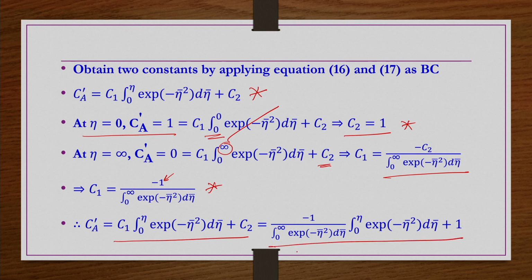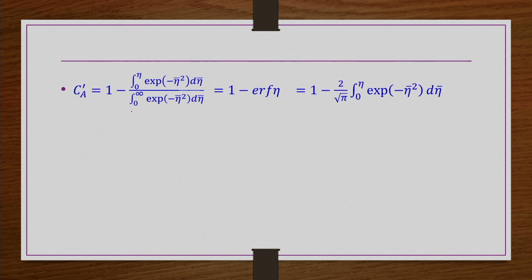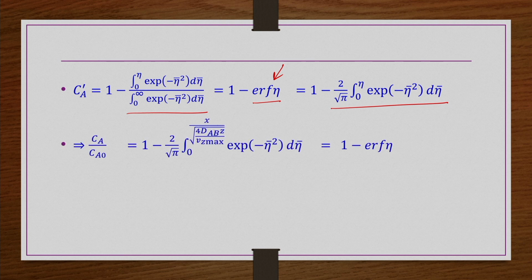This we can write as Ca prime is equal to 1 minus this one, and this is defined as the error function of eta. This is by the definition of the error function, which is given by this expression. Then Ca prime is nothing but Ca by Ca naught, 1 minus 2 by square root of pi integral 0 to eta of exponential of minus eta bar square d eta bar, which is equal to 1 minus error function of eta.